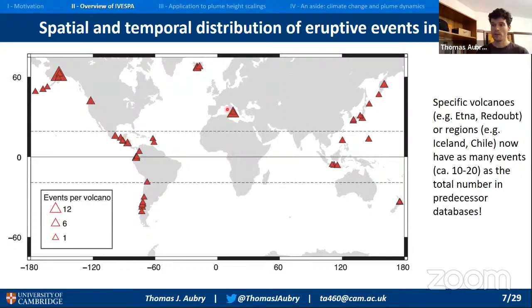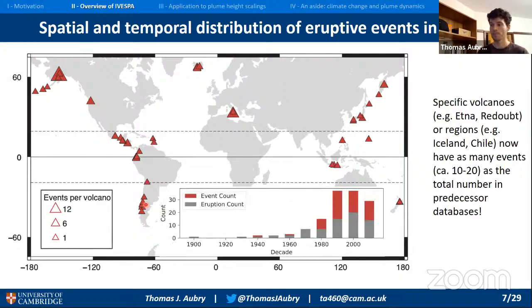You don't see it here, but I just want to highlight that these 2 volcanoes by themselves have as many events as some predecessor databases had in total. So that means you could start doing volcano-specific or maybe region-specific calibration of your plume model. For example, we have over 12 events in Chile, which is quite interesting.